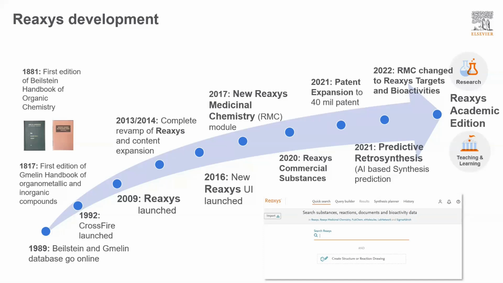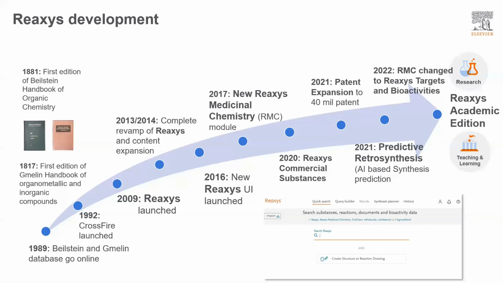So in 2021, we started a huge patent expansion project. And we have now crossed 14 million patents. And just to let you know, when you had access before 2020, there were only 2 million patents. So from 2 million to 40 million patents now, and growing.